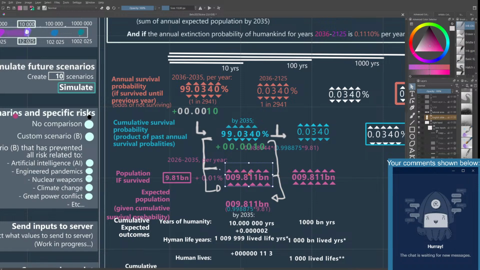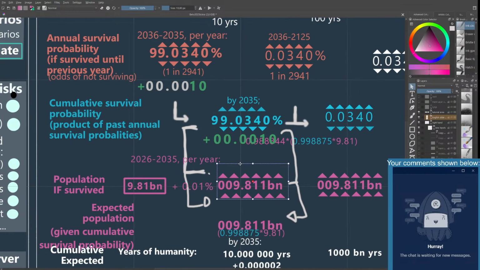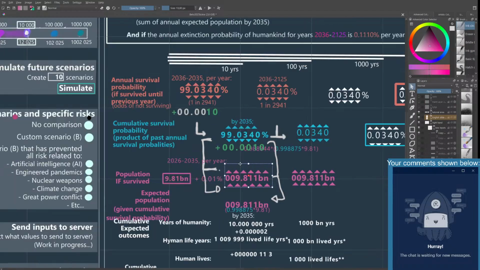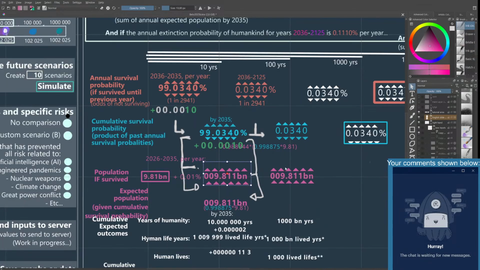I'm also maybe struggling a little bit with this population input, because I would like to have the opportunity for it to get very large, but then it's going to take a lot of space.